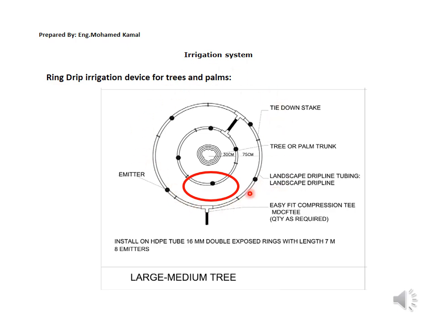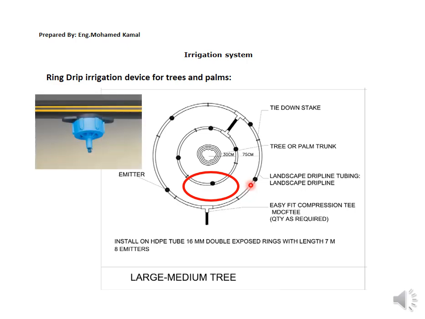We can have 8 emitters for each plantation, so each ring has 4 emitters, and the flow rate from the emitter for large palm trees can reach from 4 liters per hour to 8 liters per hour, as per the consumption or requirement of the plantation itself.